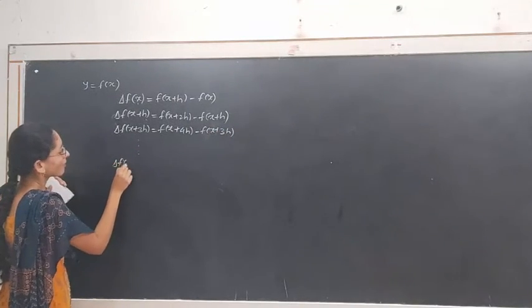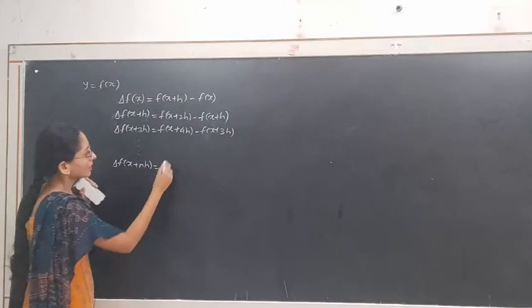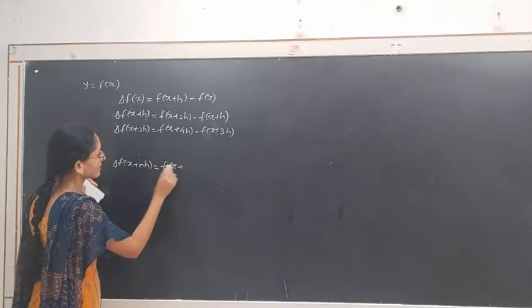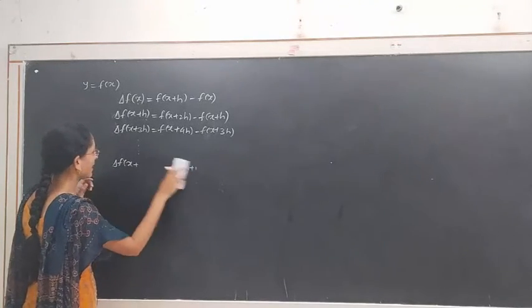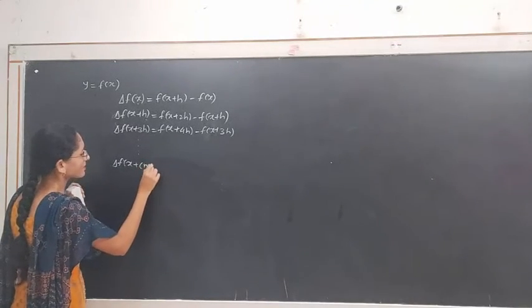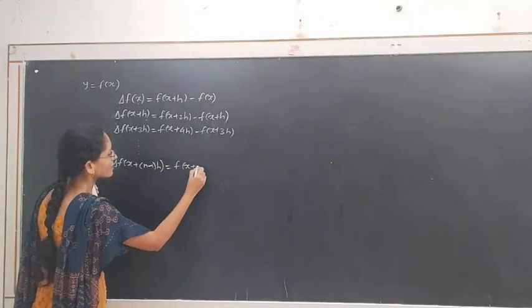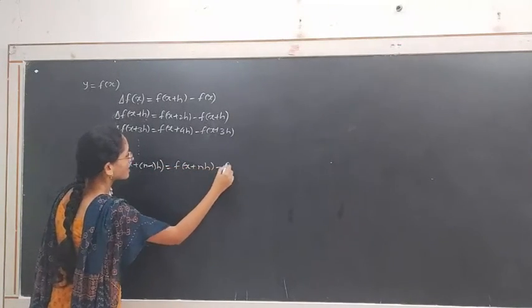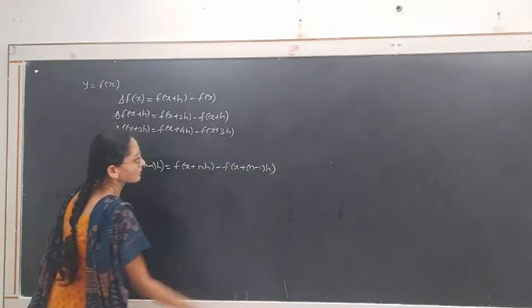Del f of x plus nh is equal to f of x plus n plus 1 h minus f of x plus nh, and del f of x plus (n minus 1)h is equal to f of x plus nh minus f of x plus (n minus 1) into h.